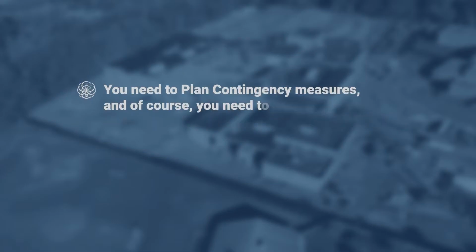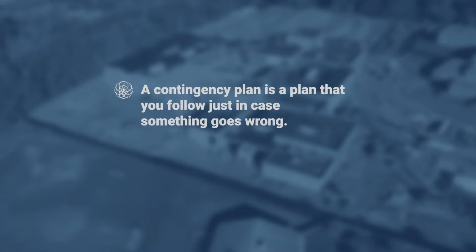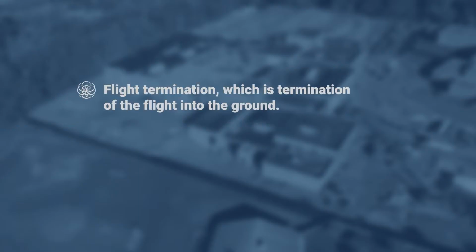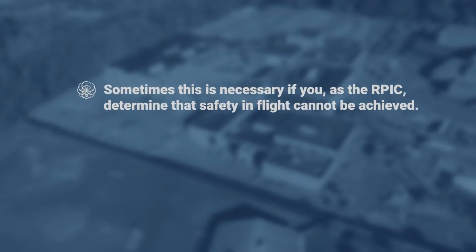You need to plan contingency measures, and of course, you need to inform crew members. A contingency plan is a plan that you follow just in case something goes wrong. Flight termination is the intentional and deliberate termination of the flight into the ground. Sometimes this is necessary if you, as the remote pilot in command, determine that safety in flight cannot be achieved.